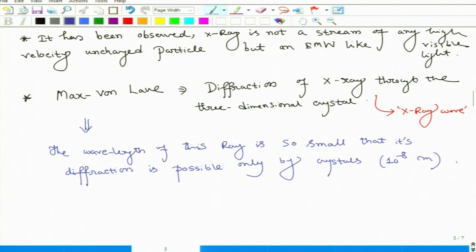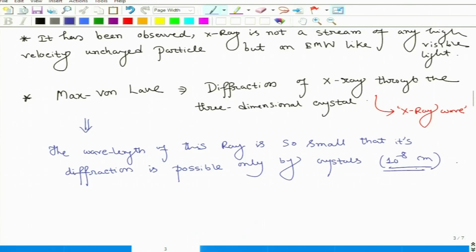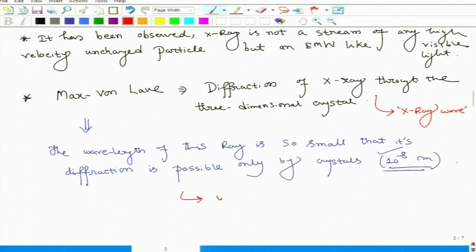In a crystalline solid, the space between the atoms is very small, 10 to the power minus 8 centimeters. Only then is that space equivalent to the wavelength of X-ray, which makes the diffraction. So it is proved that the wavelength of X-ray is very small. That's why we have to use a three-dimensional solid crystal having very small parameters, so that it can make the diffraction. So this was the observation.